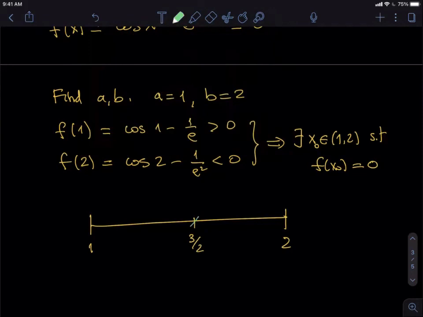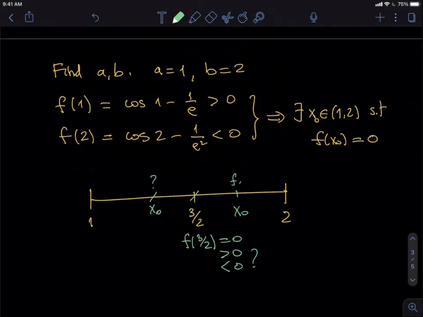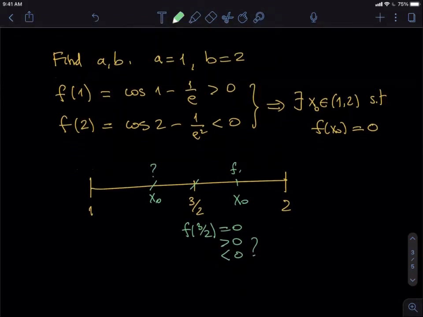Either 3/2 is the solution, which would be very unlikely, or the solution is to the left or to the right of x0. That will mean that f of 3/2 is going to be either 0 or positive or negative. Okay, whatever the case, that will give us a smaller interval where we can apply the theorem.